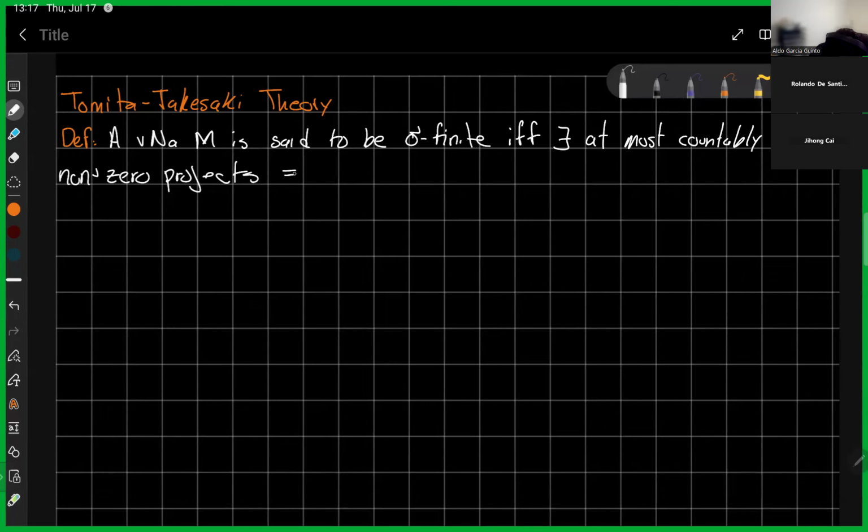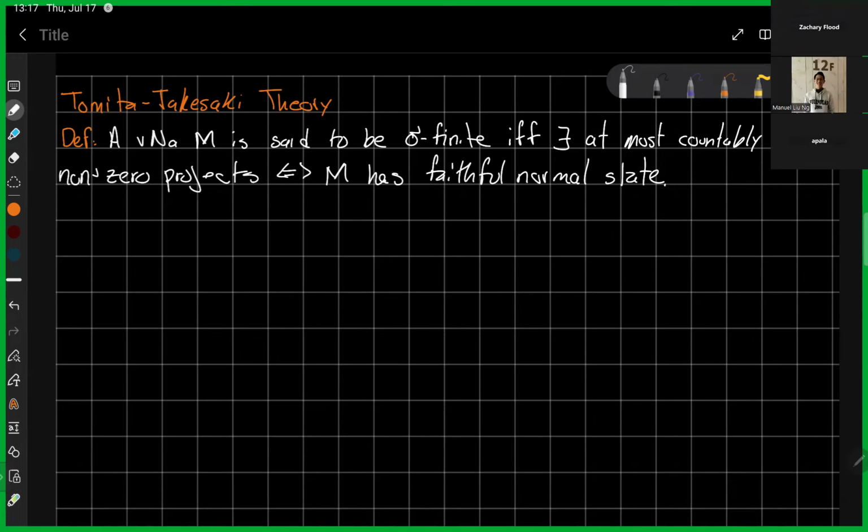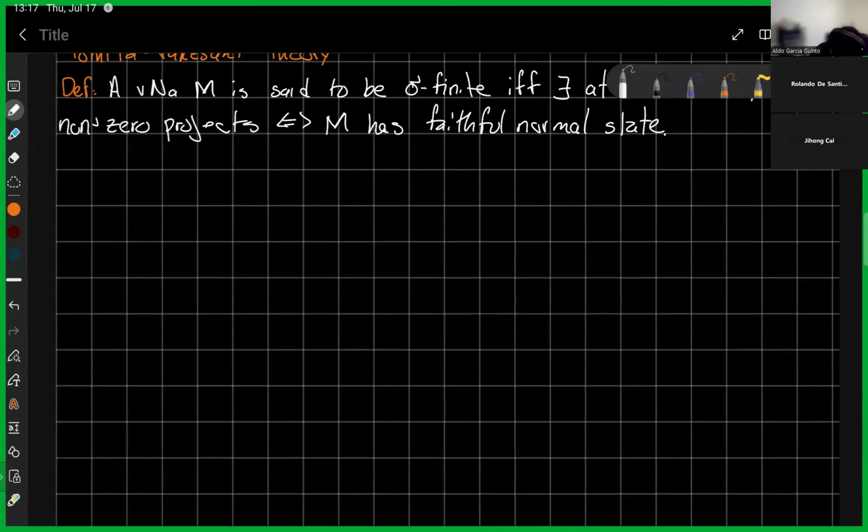And this is actually equivalent to M having a faithful normal state. So in here we don't have the triviality condition, which is pretty much what we're going to be taking away. So an example of this.